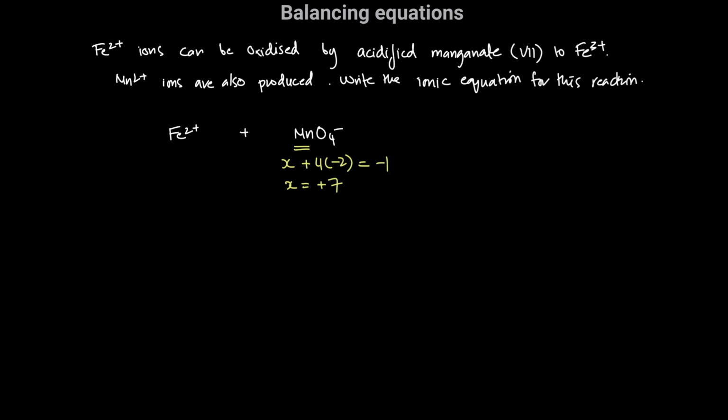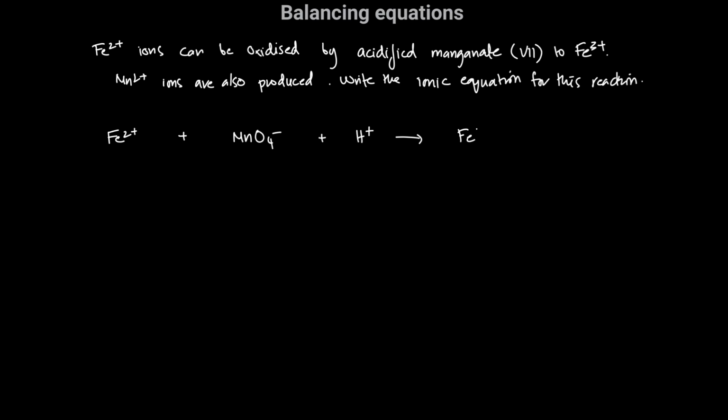So we have acidified manganate. Since it says we have acidified manganate, that also means that we have H+ ions present, right? And in the products we have Fe3+, Mn2+, and then the missing product over here is H2O, because we have H+ and we have these oxygens which aren't shown on the product side.